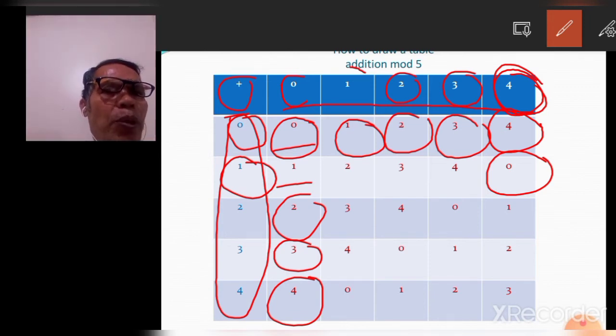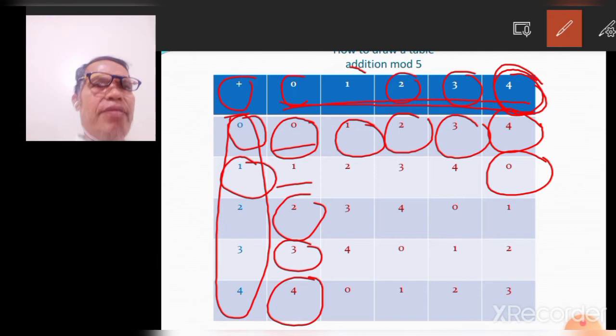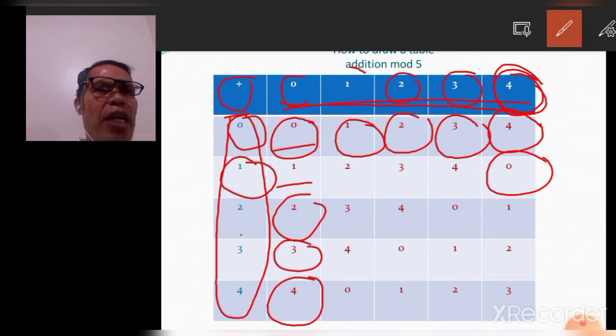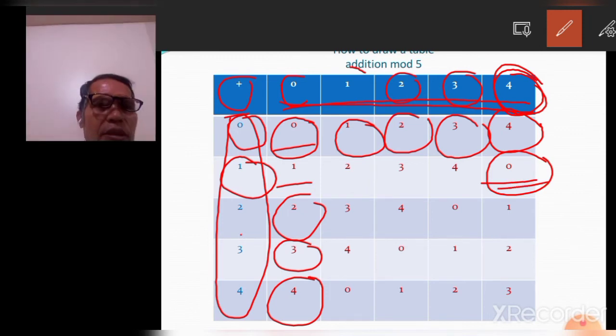You have to put an element that is in the set or in the table. Since 5 is no longer in the set, you are going to divide. 1 plus 4 is 5, divided by 5 is 1. 1 times 5 is 5. 5 minus 5 is 0. That's why 1 plus 4 is 0.